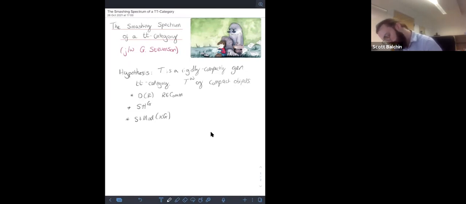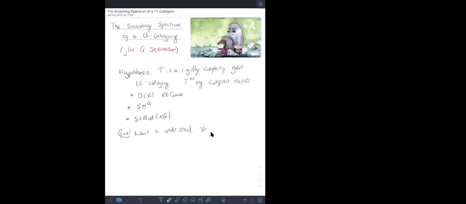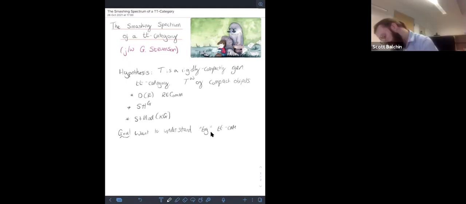And what's the overall goal? Well, with most things in maths, we want to understand these big TT categories. And how do we do this? We want to probe their structure a bit, right? We want to look at certain subcategories or localizations of that TT category.